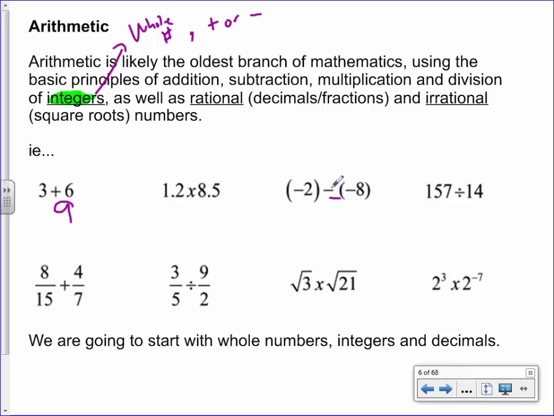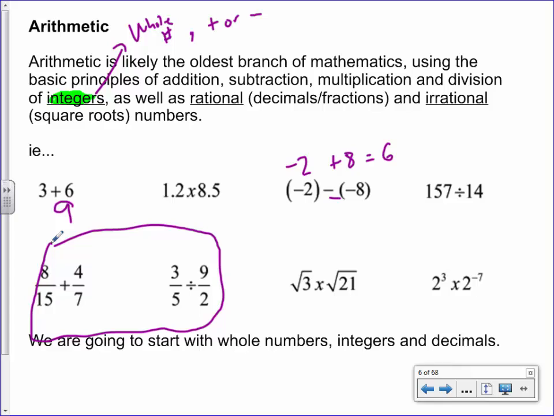Here, this one's a challenge. How do you deal with two negative numbers? There's a rule for that. Anyone remember the rule for consecutive negatives? Yeah, it makes it a positive. So like -2, you're adding 8, which means this one's 6. But then we got to get down to things like these guys here. This is the F word in math, fractions.